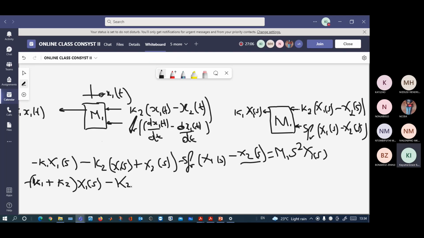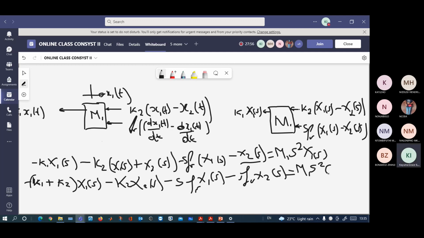So we have minus K2 X2 of s, and also s Fv X1 of s minus s Fv X2 of s, which is equal to mass 1 s squared X1 of s.